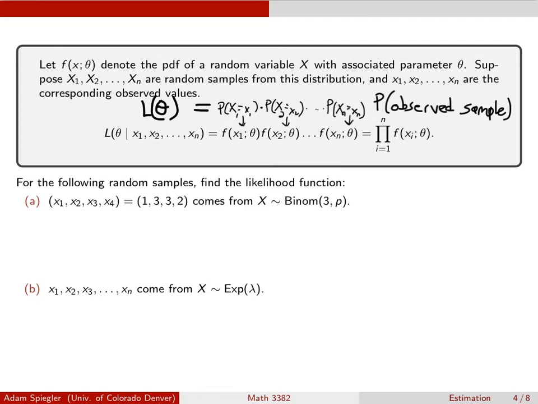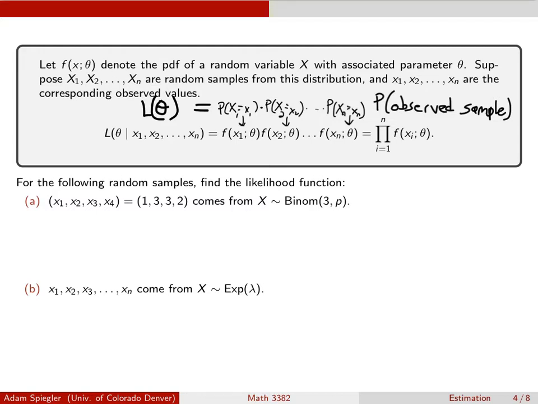Okay, so for the first example, we have this sample of 4 observations, x1, x2, x3, and x4, that are now coming from a binomial distribution where we have 3 trials, and what we don't know is the probability of success in each of those trials.